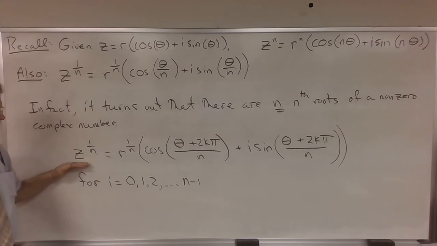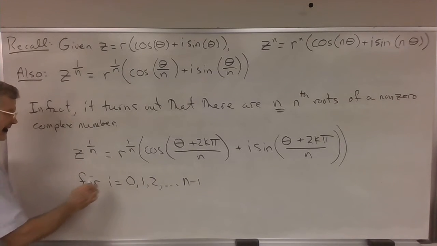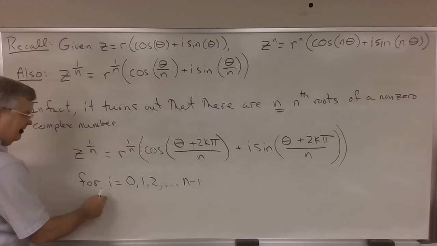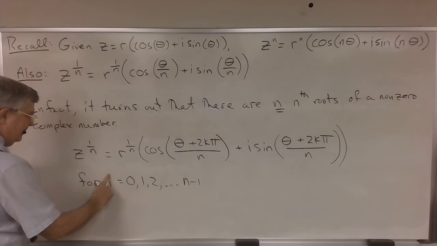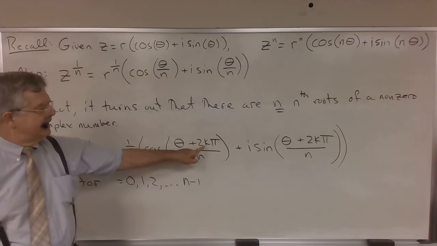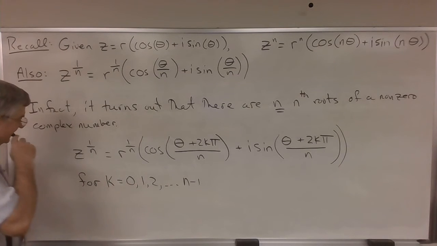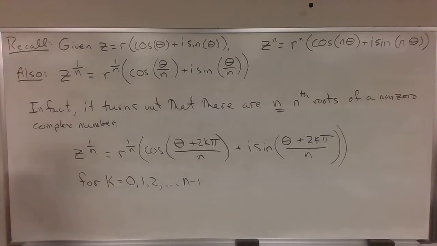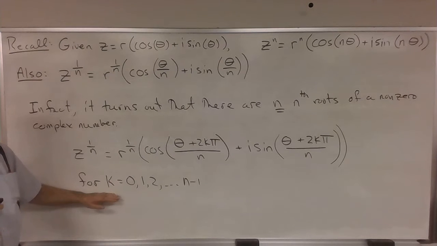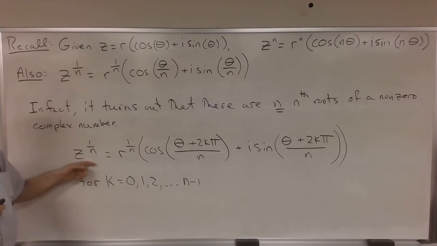This formula gives us all of the nth roots, all n of the nth roots. And, well, actually it doesn't. No. i is the square root of -1. k. There we go. Now this gives us all of the nth roots of z.